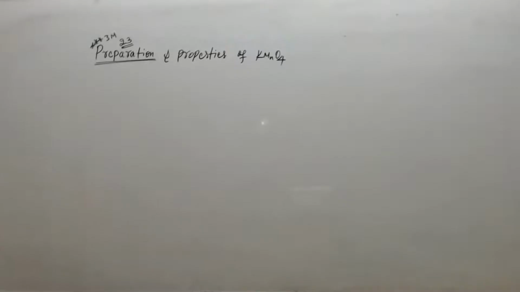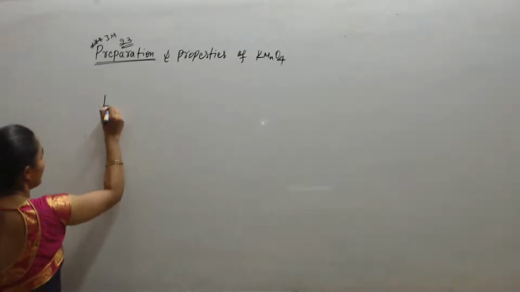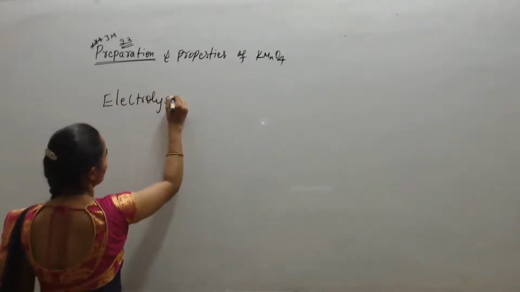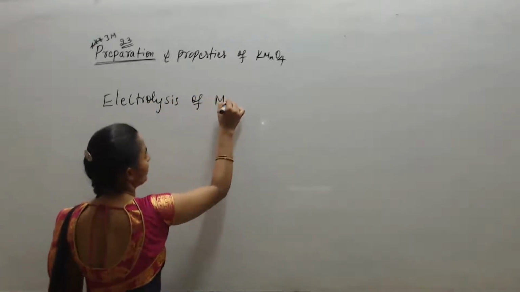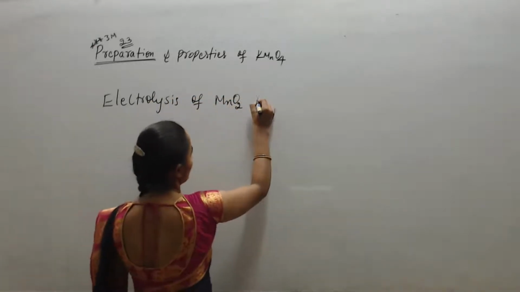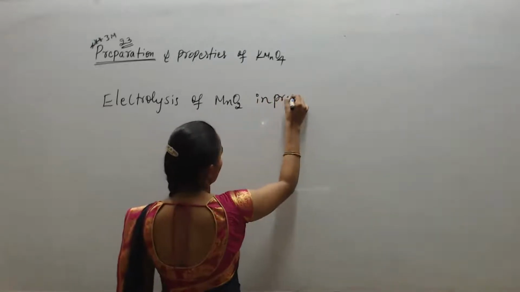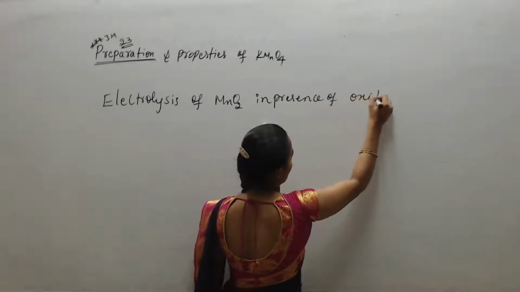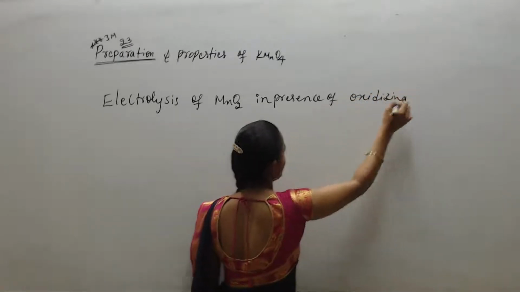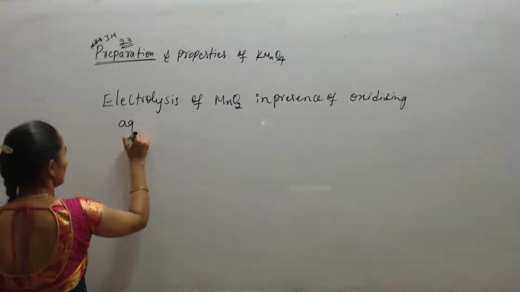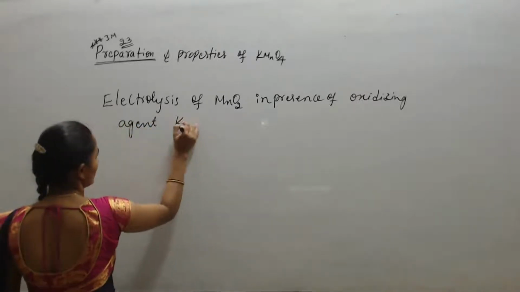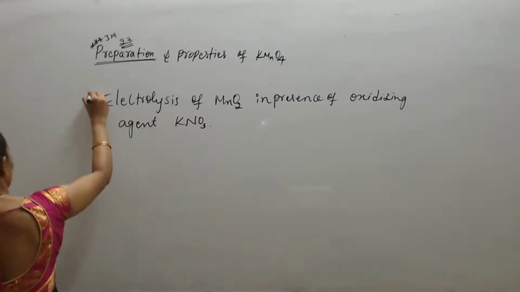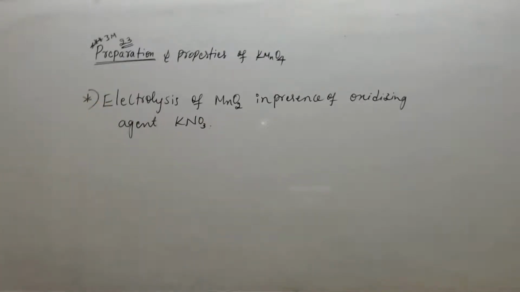That is electrolysis of MnO2 in the presence of oxidizing agent KNO3. This is the second type of preparation.